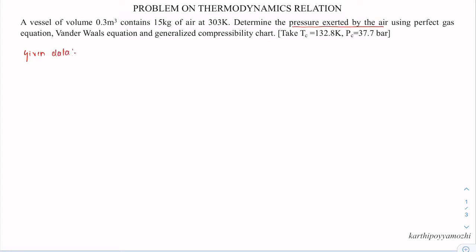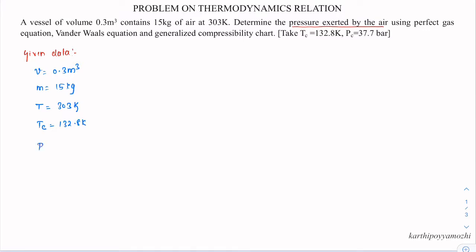From the question we have volume V is equal to 0.3 meter cube and mass is equal to 15 kg. Temperature T is equal to 303 Kelvin and critical temperature is equal to 132.8 Kelvin.